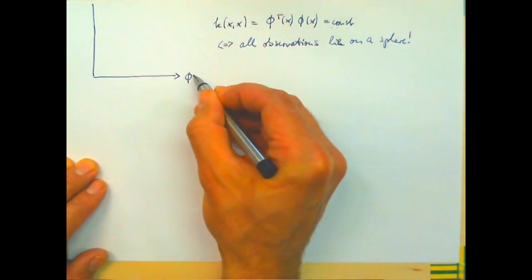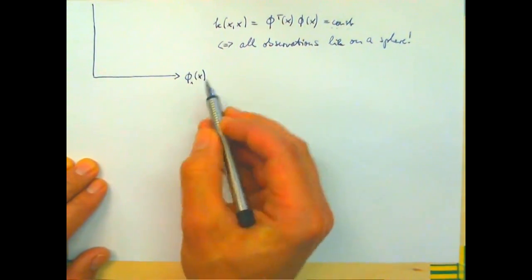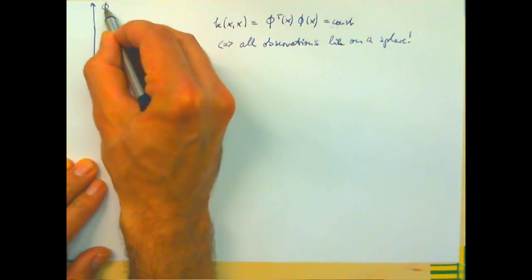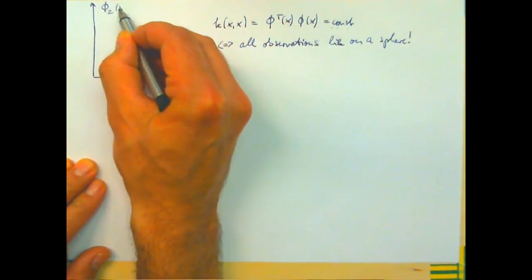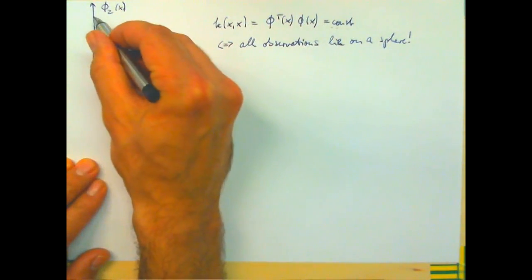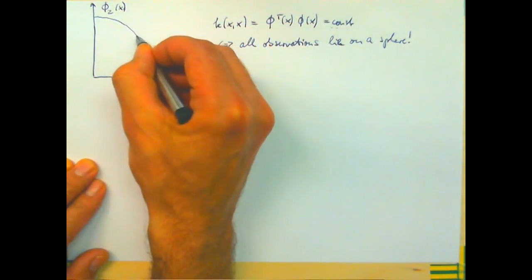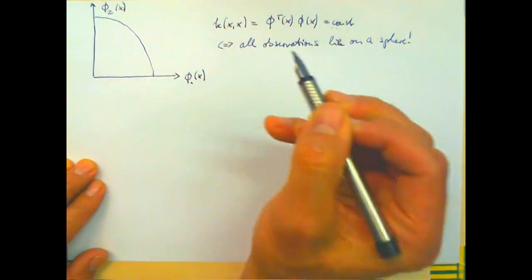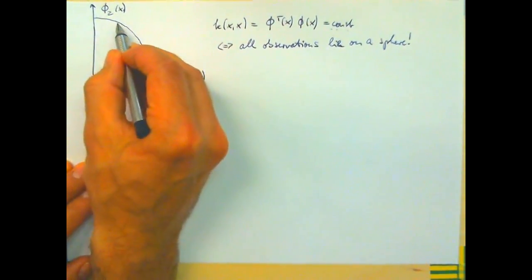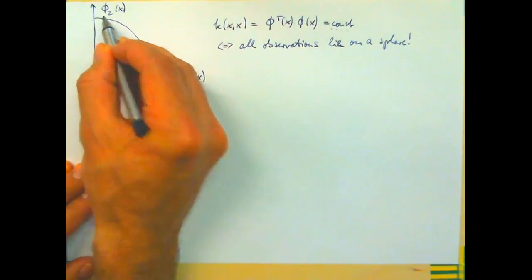So I'm here showing the first coordinate of this high-dimensional mapping, and here the second coordinate of this high-dimensional mapping. And I here have a sphere. And I know that if I use a translation invariant kernel, all my observations lie somewhere on that sphere.